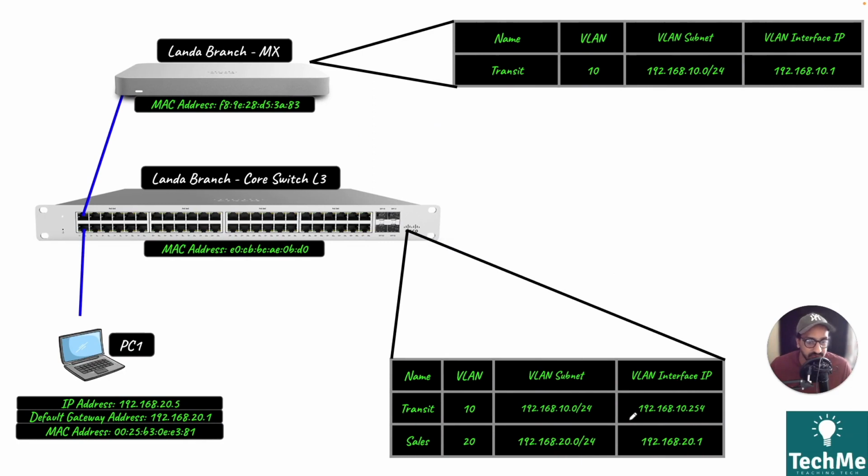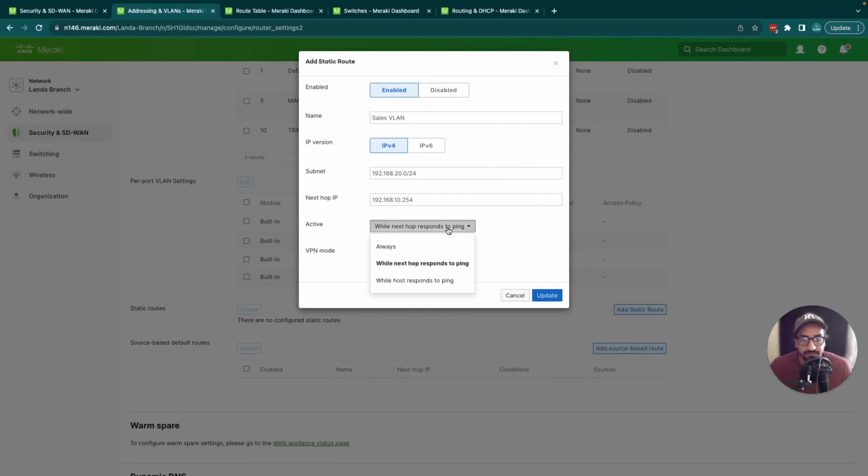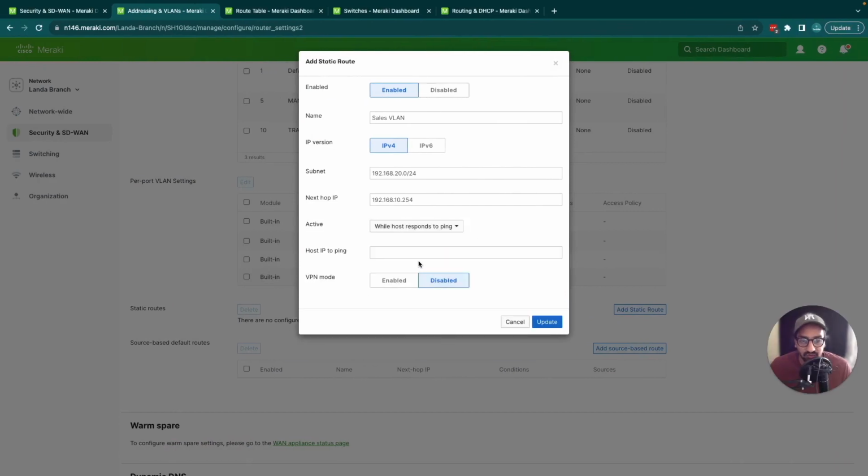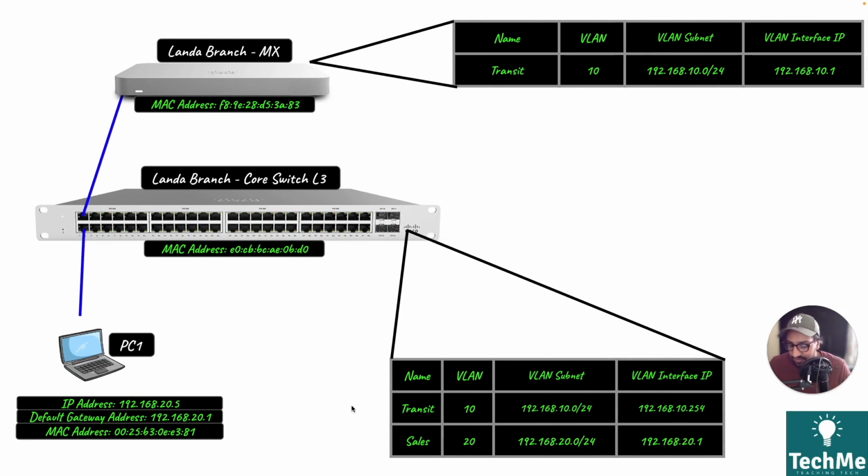So if the switch goes down, then the route will be removed from the routing table of the MX. The other option is while the host responds to the ping, where you would put in the host, 192.168.20.5. This specifies that if this device goes down, then the route won't be active.